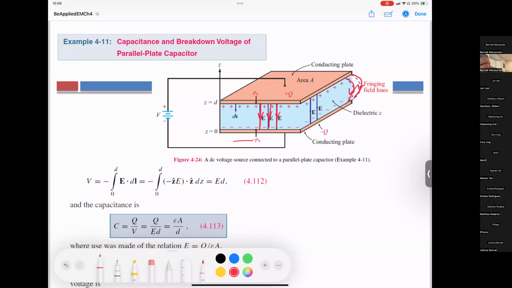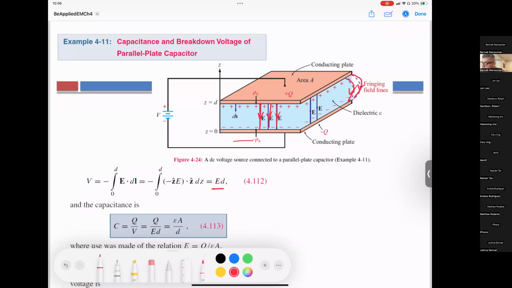It's not always the case, and when you need to calculate the fringing field lines, this ends up not being such a simple thing. But for most cases, you can ignore the fringing field lines because the area is much bigger than the periphery.